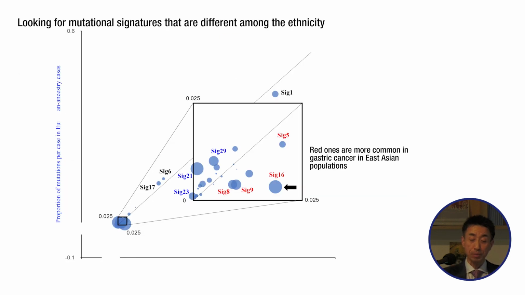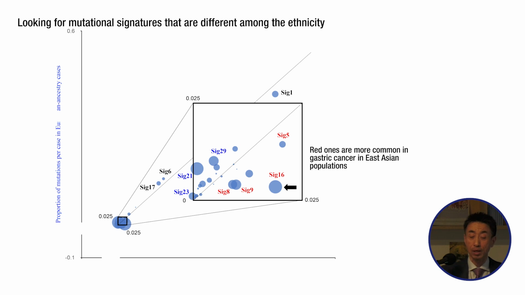Also, because we collected samples from different parts of the world, we can compare the differences between ethnicities. This is data comparing European ancestry and East Asian ancestry. You see some signatures, some patterns, are more frequent in some populations, like signature 16, which is more frequent in the East Asian population.